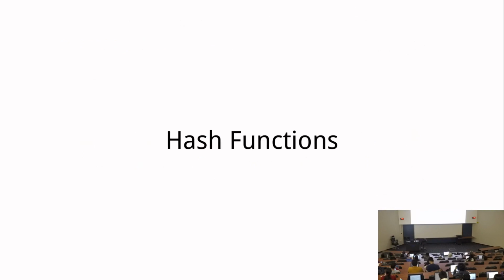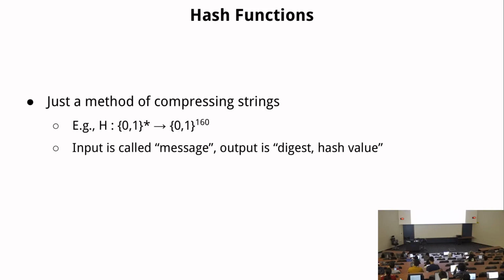So next, we talk about hash functions. They are also very, very useful tools. A hash function is basically just a compression algorithm. You can consider it a compression algorithm. That's why we usually call them hash values or digests. No matter how long your input is, we are going to output a fixed length output.